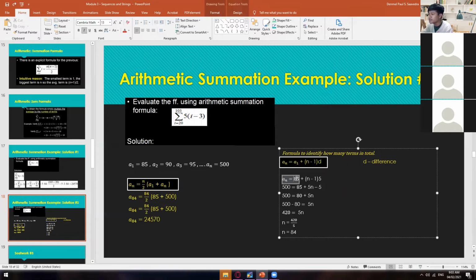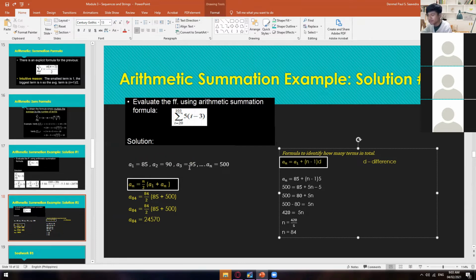So a sub n, just leave it as it is for now. a sub 1 is 85, and then plus n minus 1 times d. What is the difference between the second term and the first term, and the third term and the second term?